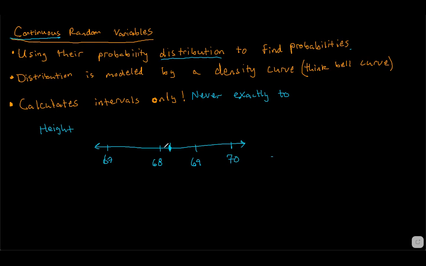For the most part, continuous variables measure something, whereas discrete variables are usually the count of something, just as a general guideline.